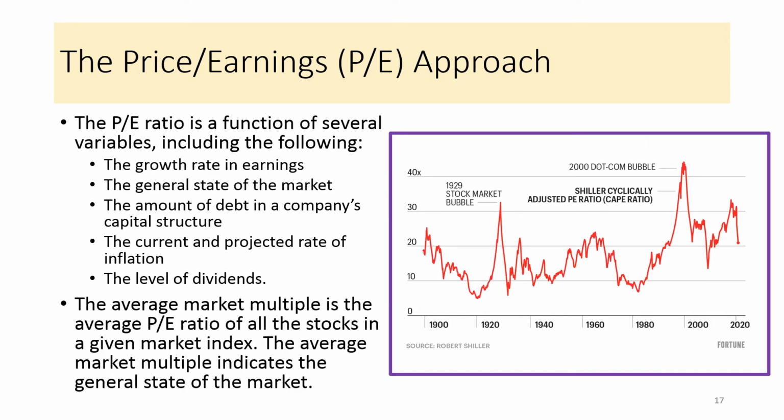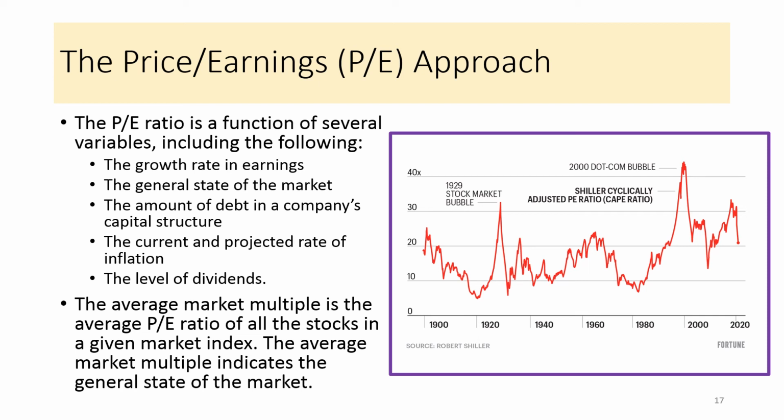The PE ratio is a function of several variables, including the growth rate in earnings, the general state of the market, the amount of debt in a company's capital structure, the current and projected rate of inflation, as well as the level of dividends. A relative useful point for evaluating the PE ratio is the average market multiple.